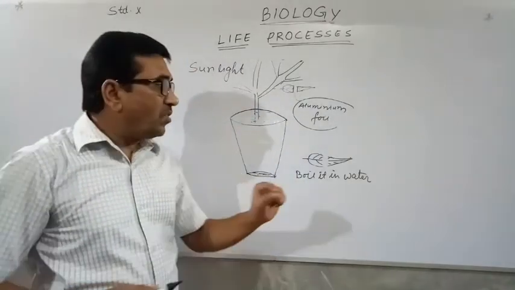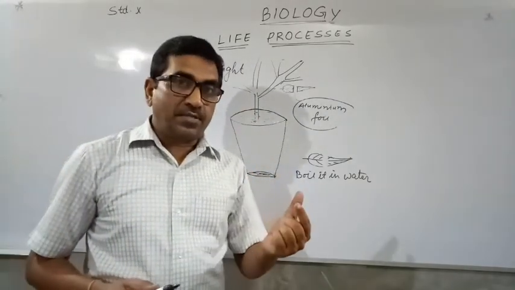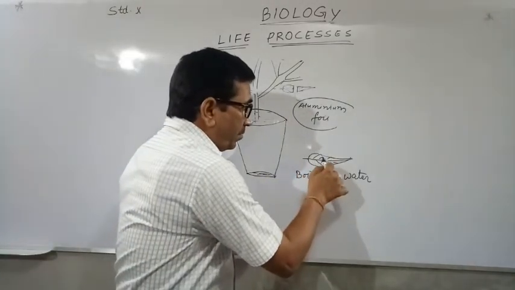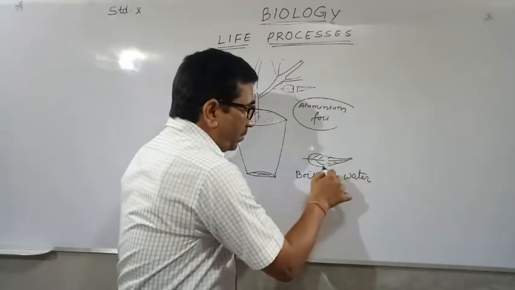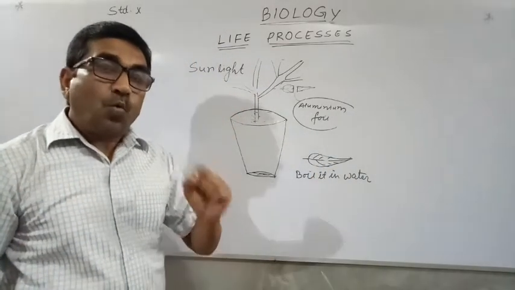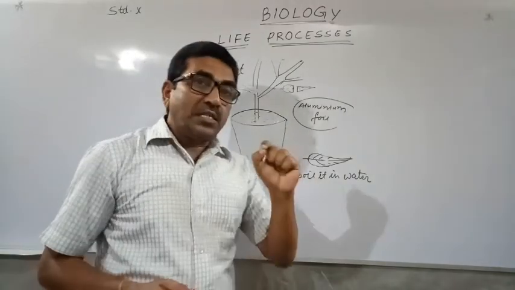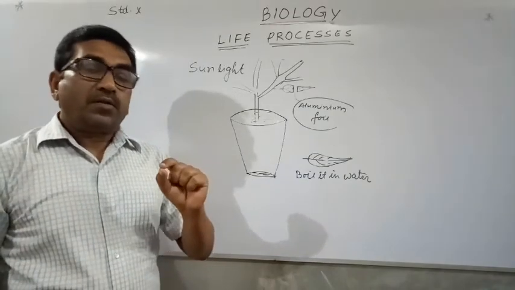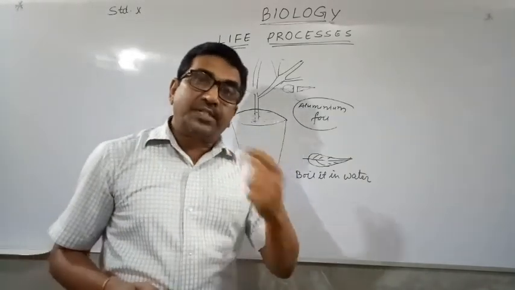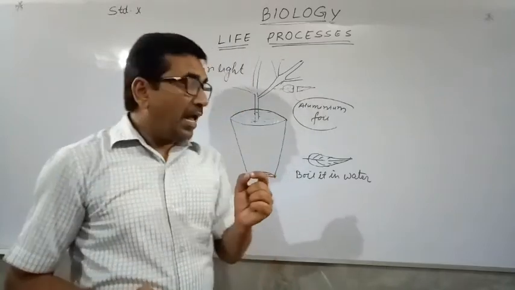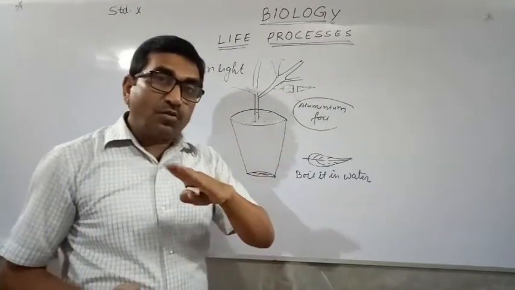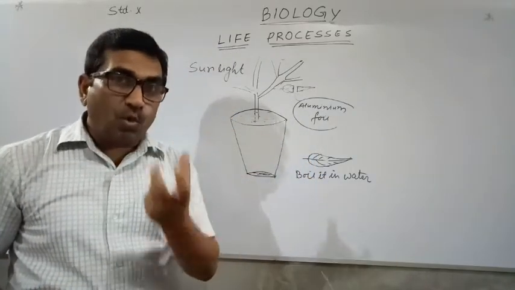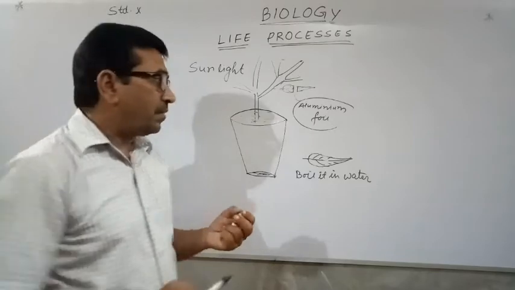We remove the aluminum foil. When we boil this leaf in water, the leaf is killed. And the cuticle found on the upper surface of the leaf gets loosened.